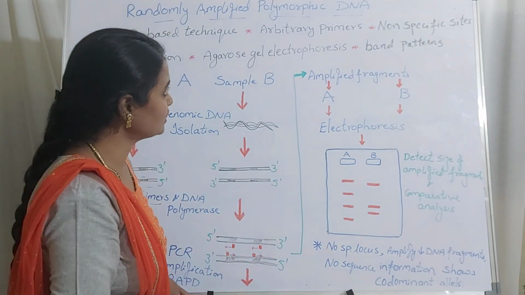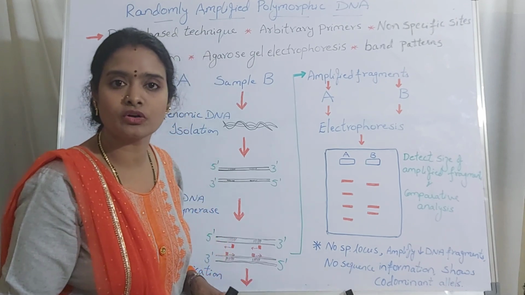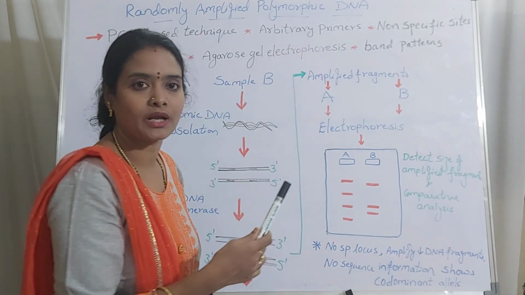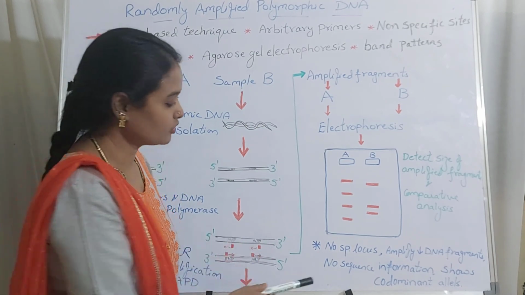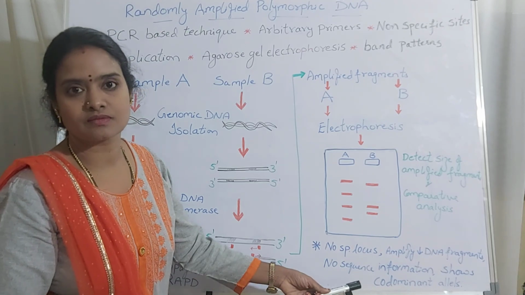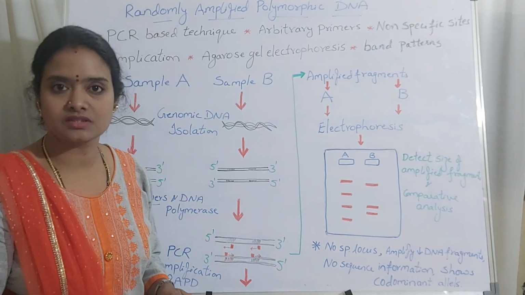Right? But here in this technique, you need not know any information about the genomic DNA because you can use any synthetic primer randomly. Okay? Then next one, they show codominant alleles. So these are the advantages of this RAPD technique.